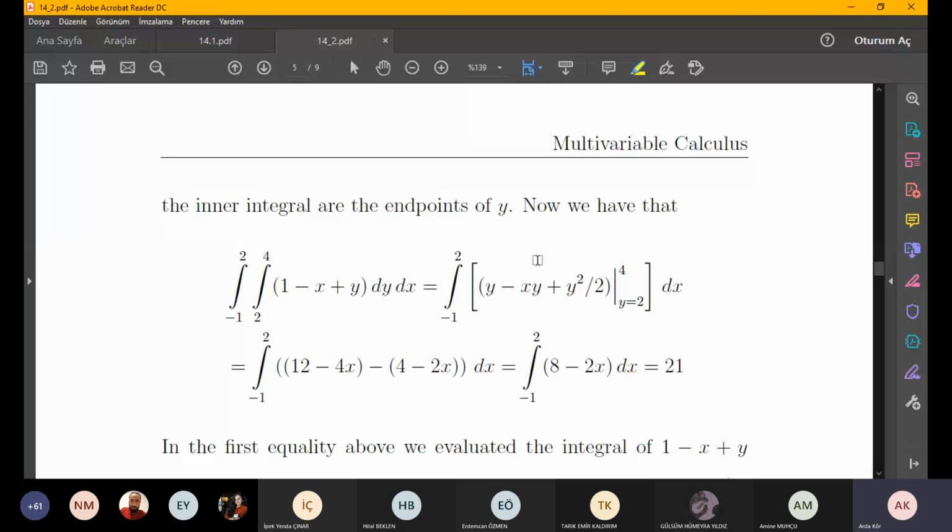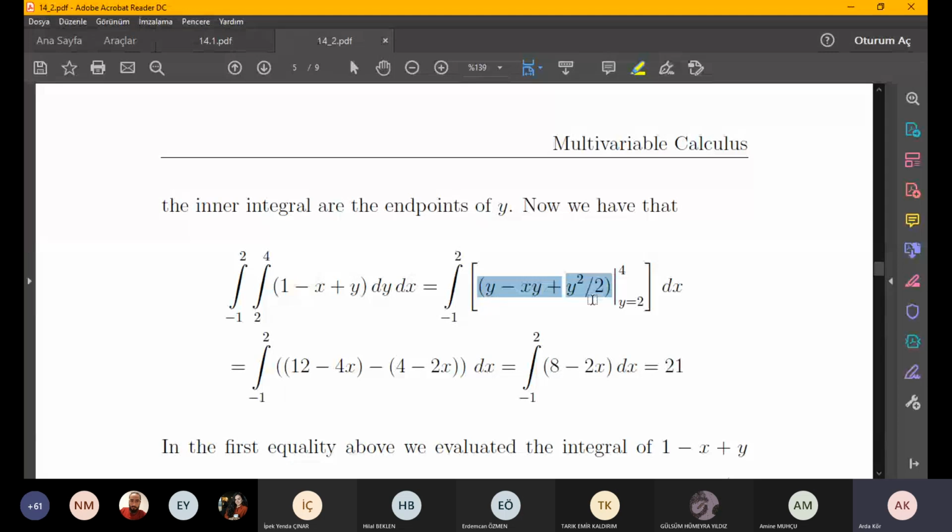Here again, remember that x and y are two independent variables, so x is supposed to be a constant. If you integrate 1 minus x plus y with respect to y, you will get this.